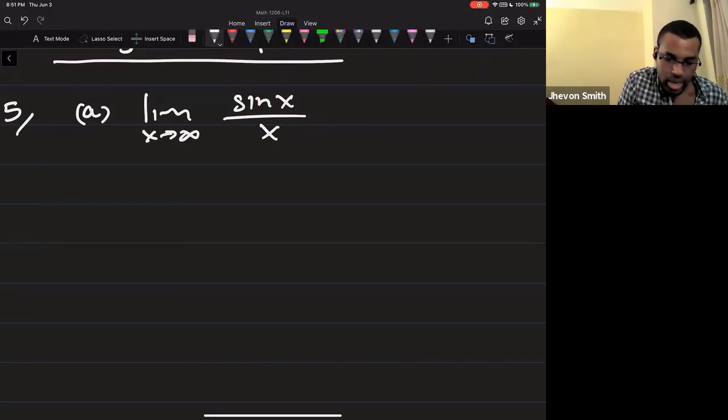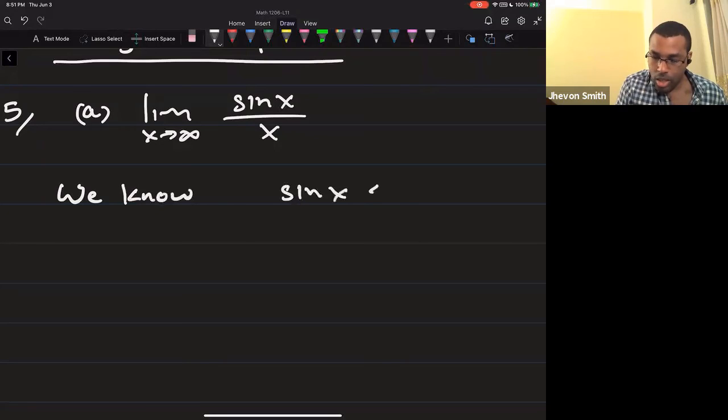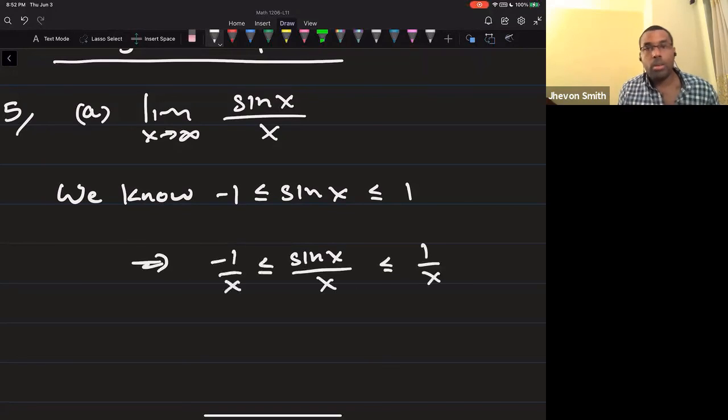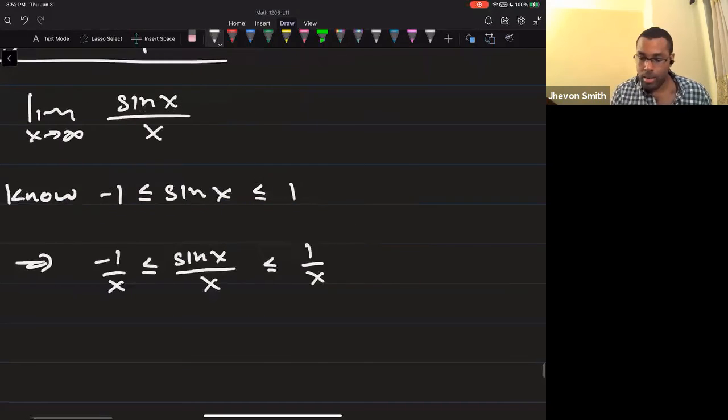So here you can just say, well, we know that sine of x is always between 1 and -1. So that would mean that if I divide by x everywhere, that will work, right?